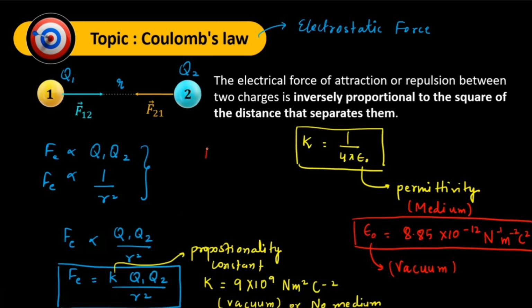So for any other medium, epsilon m is given. But in most cases you don't actually get epsilon m. You get a value known as the dielectric constant. Let's talk about it.